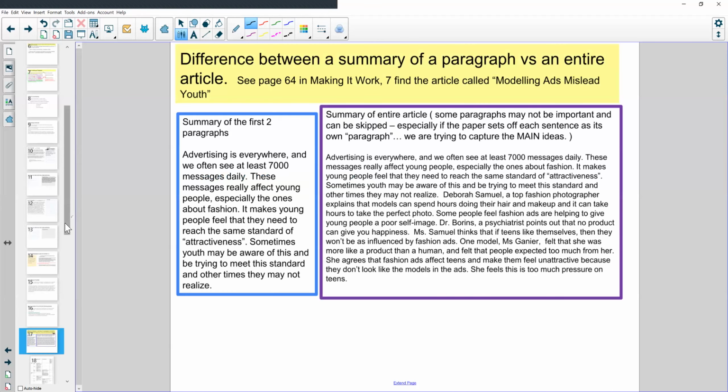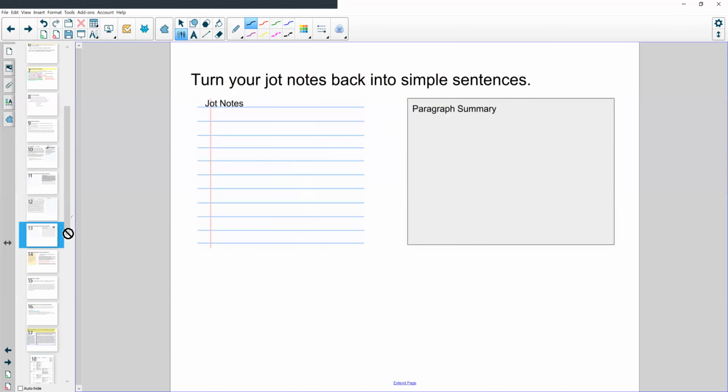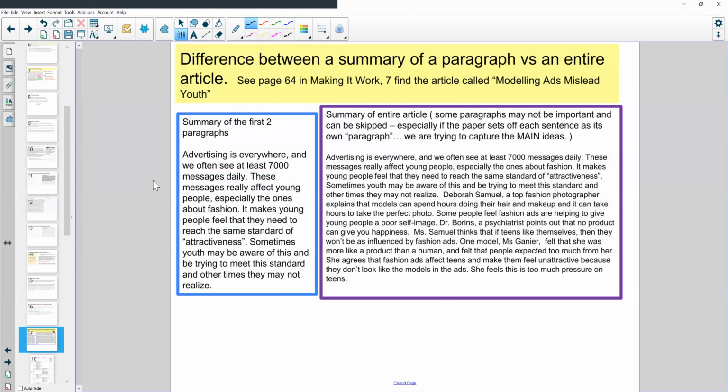The other thing was we really spent most of the lesson talking about summarizing a paragraph. And then all of a sudden, activity 3 is talking about summarizing an entire article. I don't want you to feel overwhelmed. It's really not that much different. I just wanted to show you a little bit so you could see.